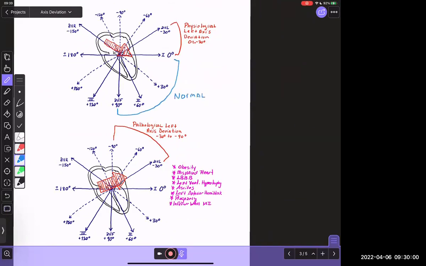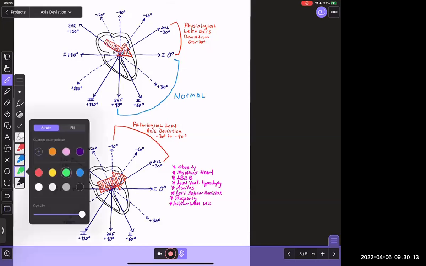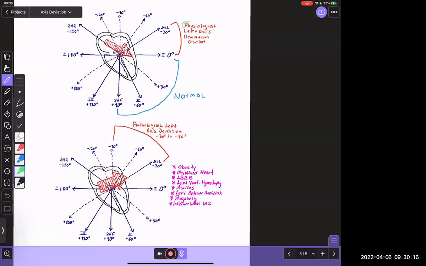Okay, so physiological, for a simple definition, means nothing more than a condition exists, but that condition has really no malignant effects, no negative effects on the functioning of a body system. So physiological means that there is a finding, it exists, but it has no negative effects.